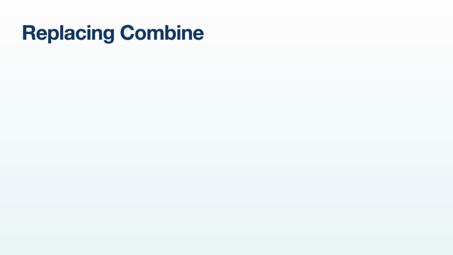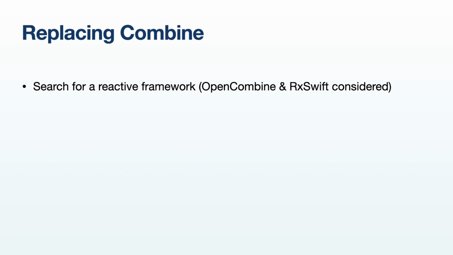And this was actually the bulk of the work that I've been working on when I came into the team, and was quite a big pill to swallow. So the first step for that was we need to find some framework that does the same thing we do with Combine, but does it in a way that we can also use it on iOS 12. We considered two frameworks for that.